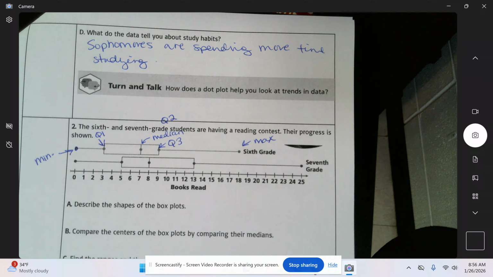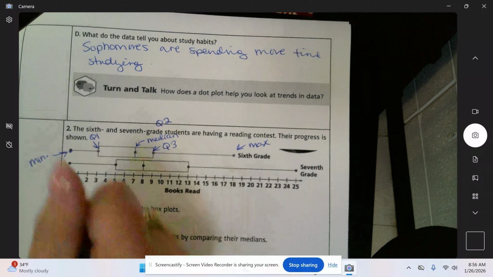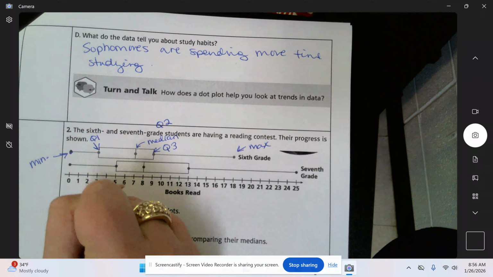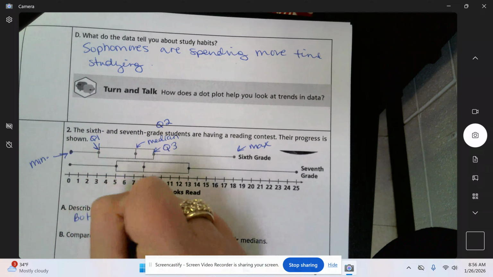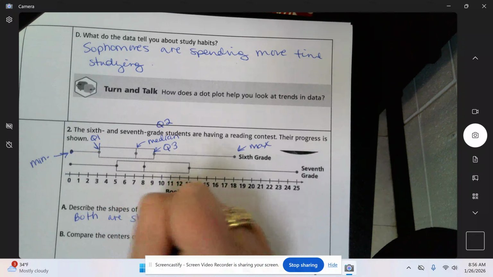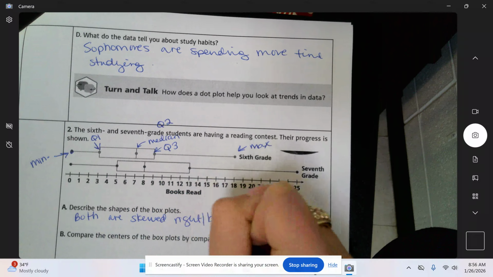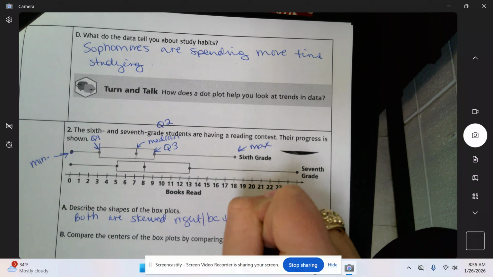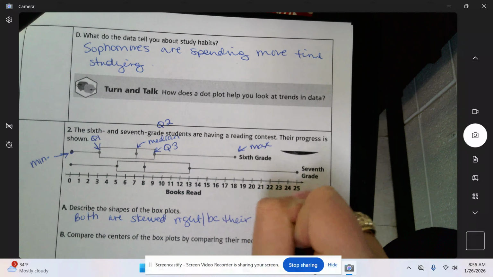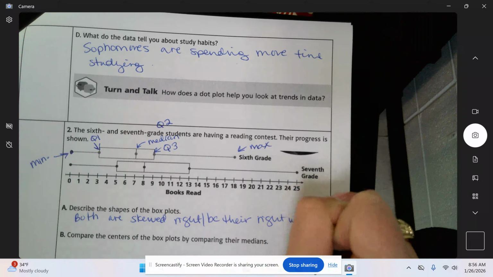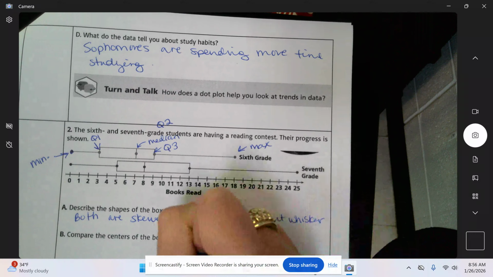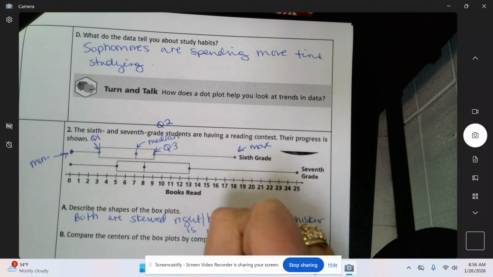The right. Both are skewed right because their right whisker is longer.